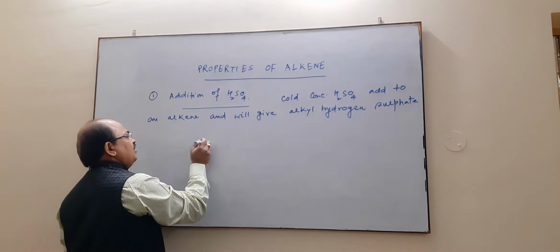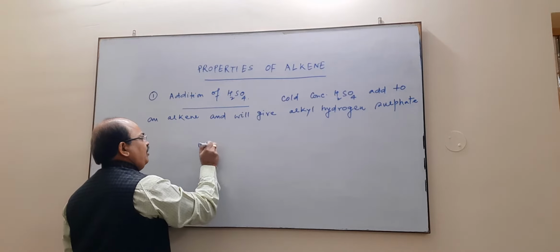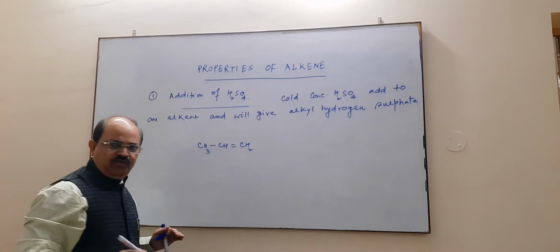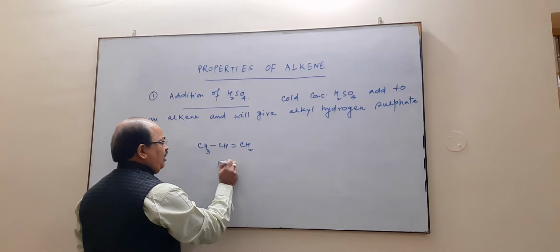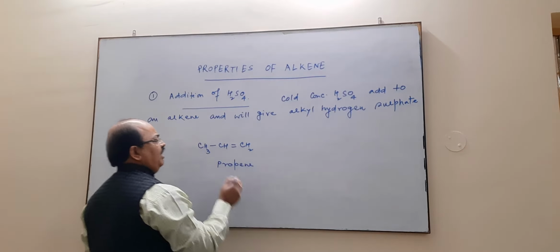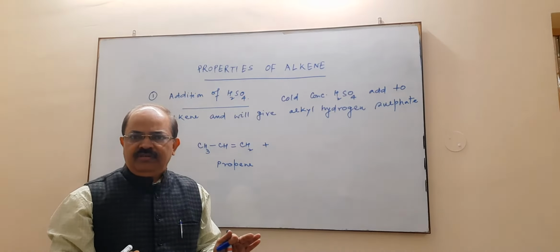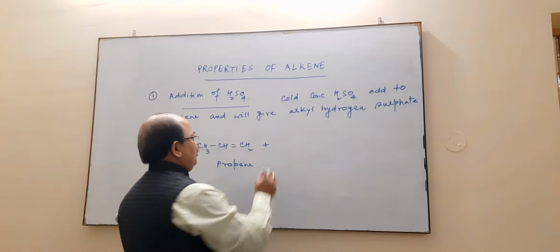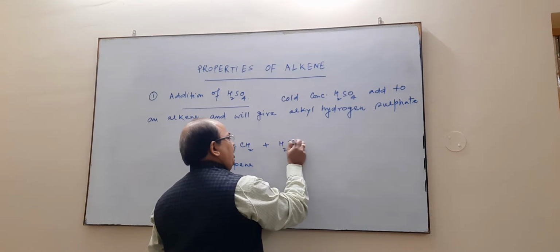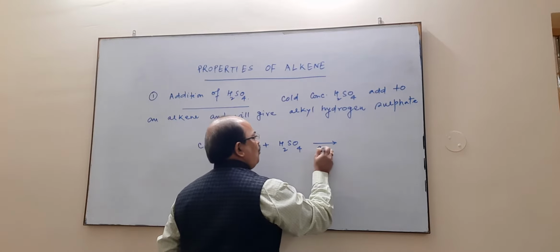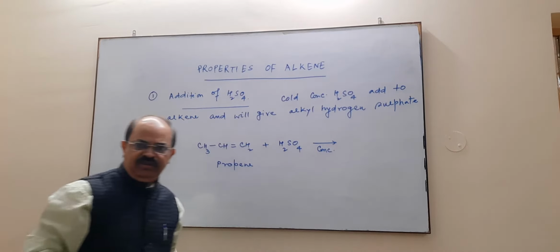So let us see an example. If we write CH3 CH double bond CH2, this is propene, and if we add concentrated sulfuric acid, that is H2SO4, this is cold concentrated sulfuric acid.